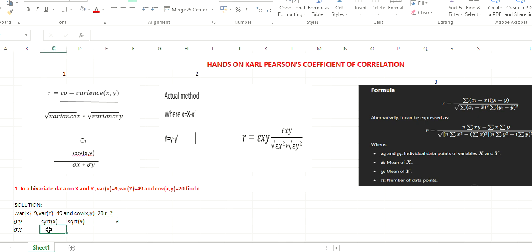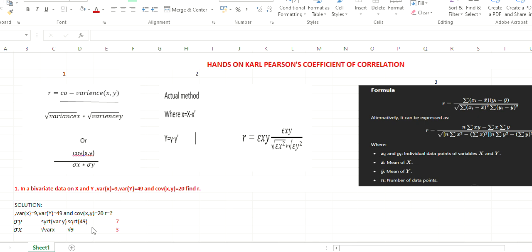Similarly, the square root of the variance of y, that is the square root of 49, is 7.